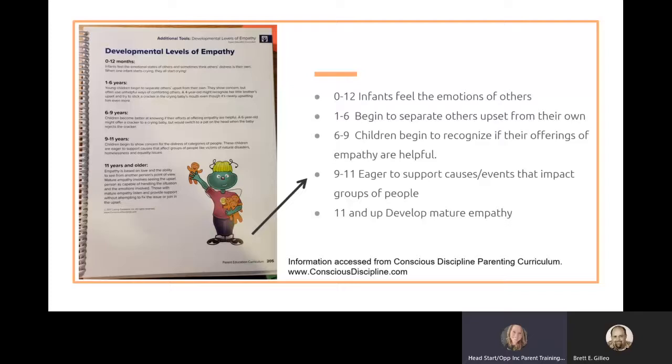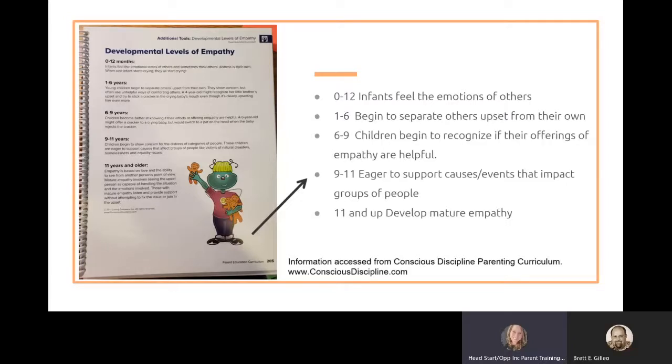They really feel the emotions from others. When they're between 1 and 6, they begin to separate others' upset from their own. And then at 6 to 9, they begin to recognize if what they're offering in empathy is actually helping the other person, and they're able to distinguish that.